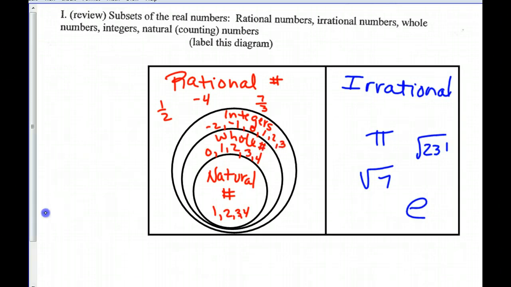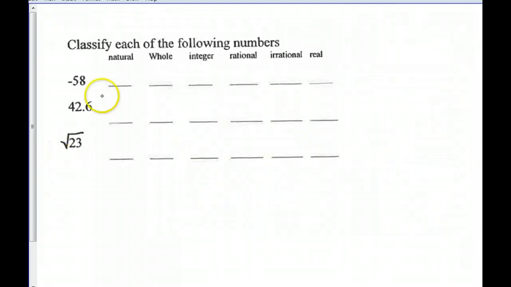So on the quiz that will occur Friday, you will have to put some check marks or X's in a number of situations like this. So negative 58 falls into which category, guys? Okay, let's go back one second.